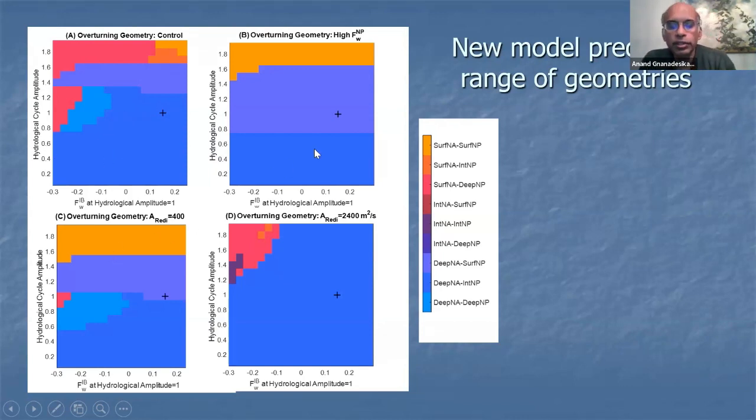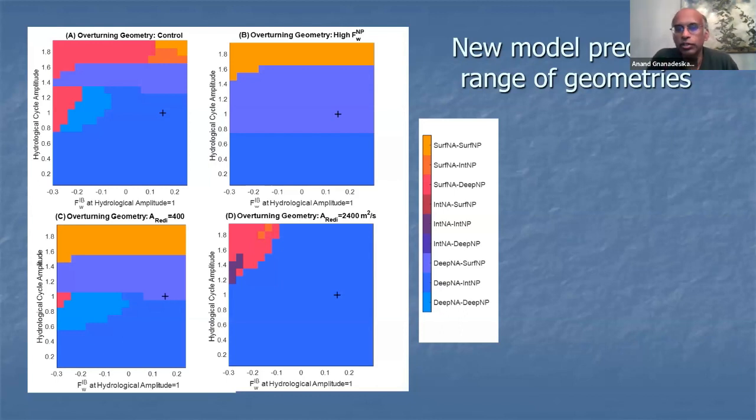But it turns out that the overturning geometry is also dependent on that turbulence we talked about earlier. I had a parameter that I snuck in there, which was the lateral diffusion coefficient that is stirring temperature and salinity between the high latitude and low latitude box.